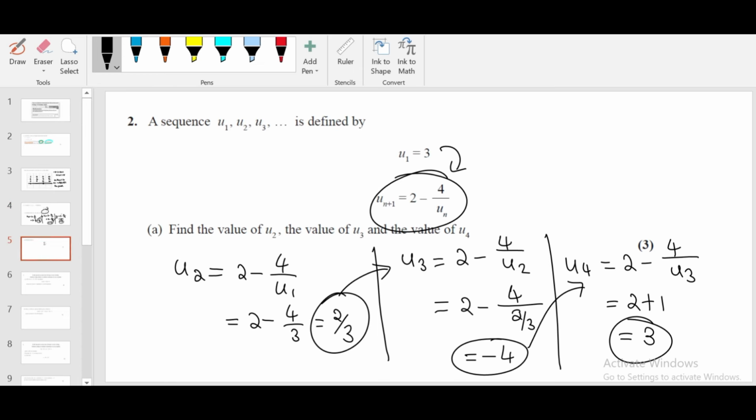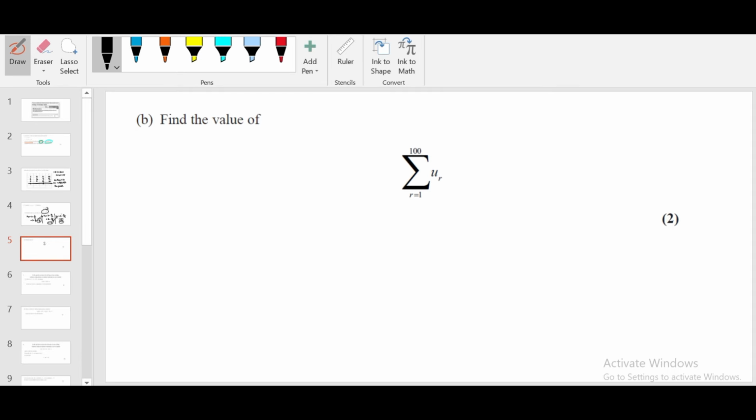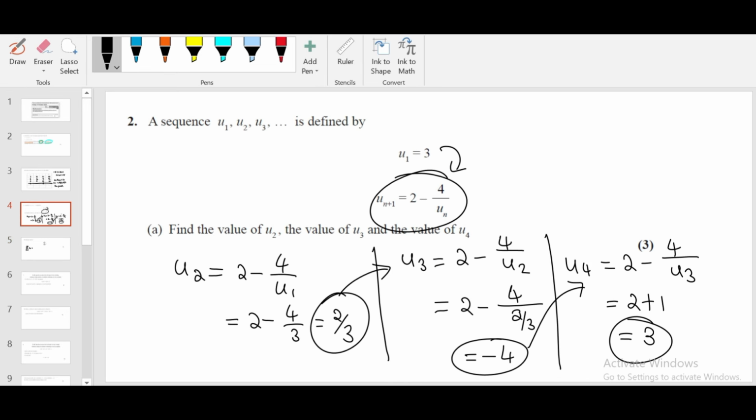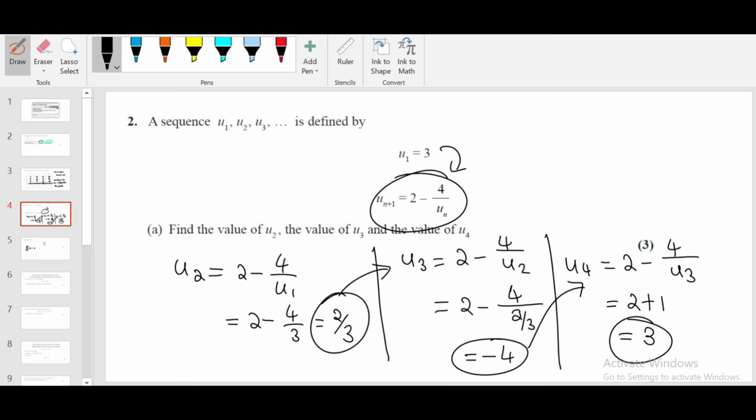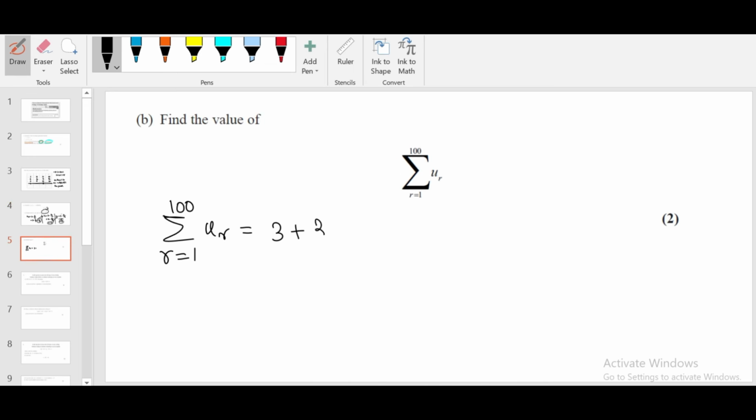That's it. Part B of the question, find the value of the sigma notation, R is equal to 1 to 100 of UR. Okay, I'm going to write out all the terms now. R is equal to 1 to 100, there are 100 terms. U1 is the first term, which is given here in the question. U1 is 3 and then U2 is 2 over 3.